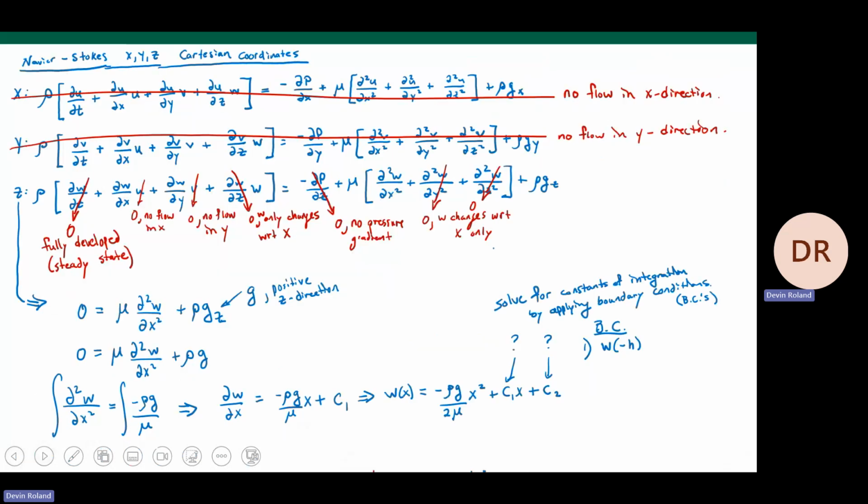So that's where the x direction starts. So we have w of negative h and w of positive h. The velocity at both of those locations is 0. Why? Because of the no slip condition.